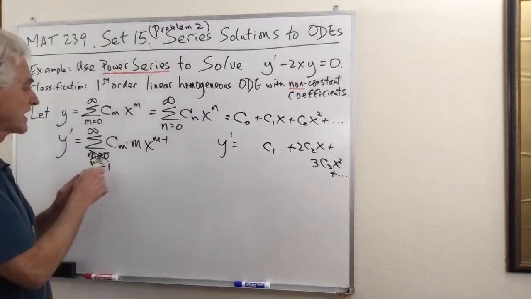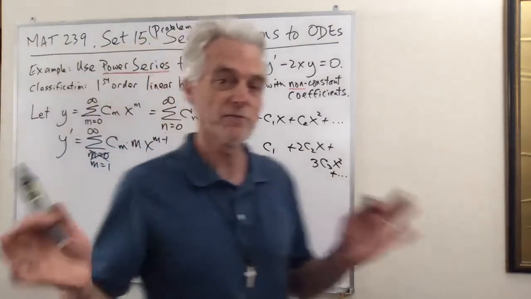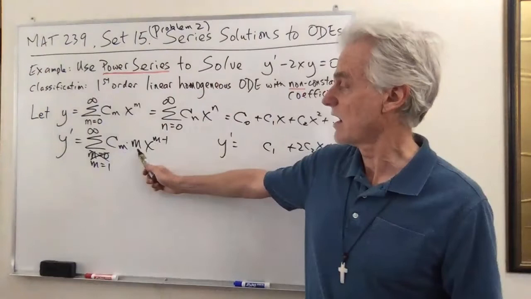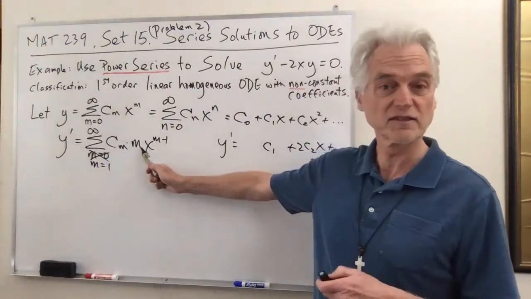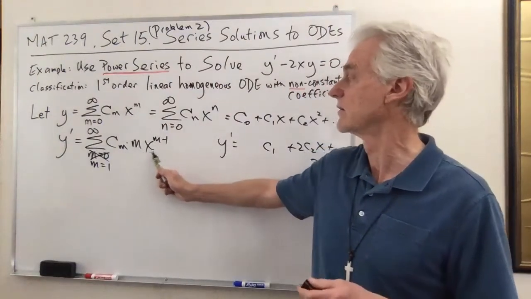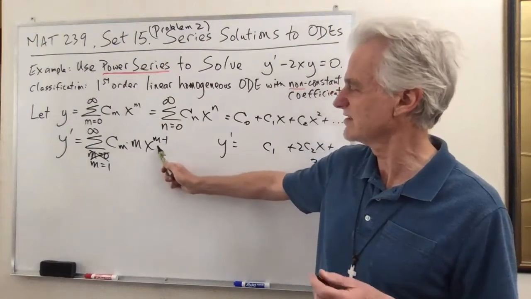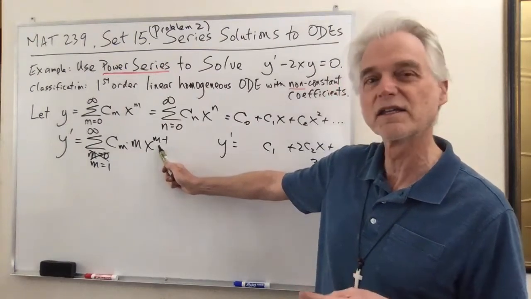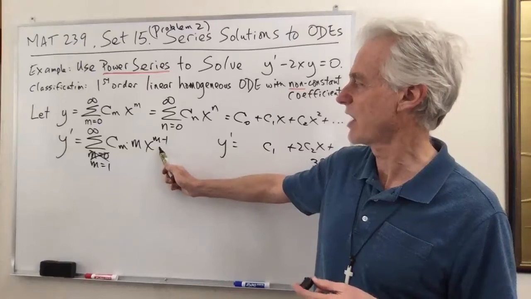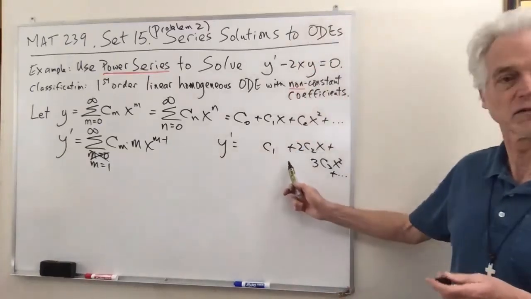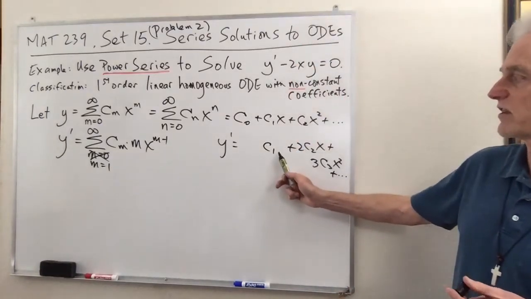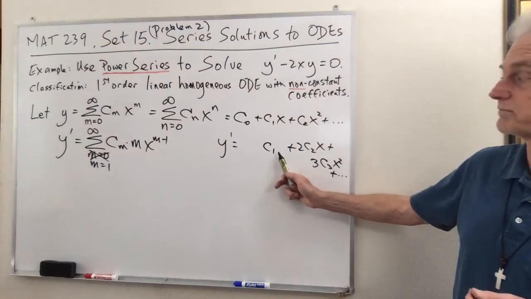I mean, you could, in a way, include the m equals 0 term because it just has this m equals 0 as a factor here. But if m equals 0, this is x to the minus 1, and it's a little bit of a problem, so it really shouldn't be there. And you notice here, y prime just starts with the c1 term, right?